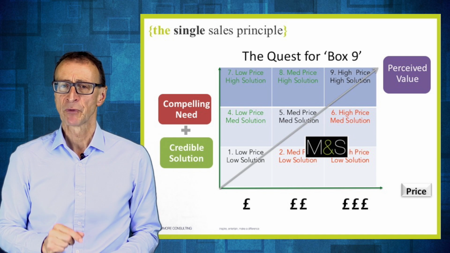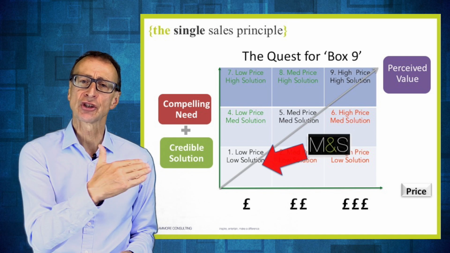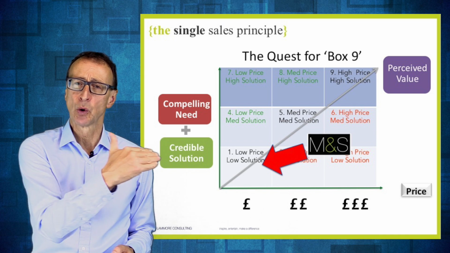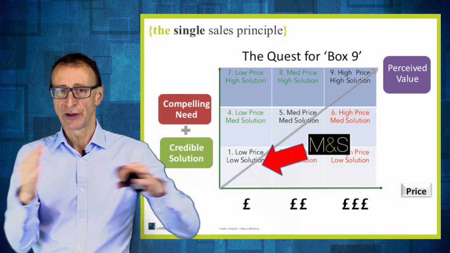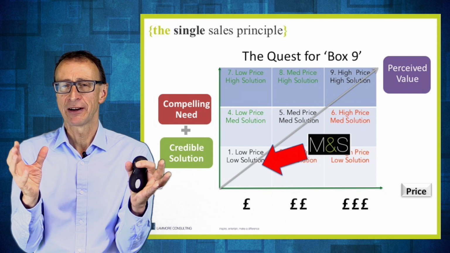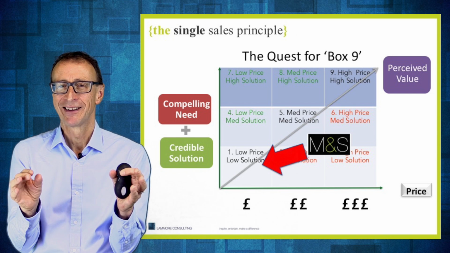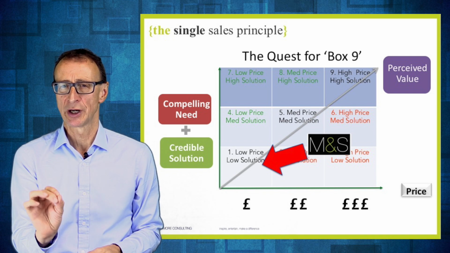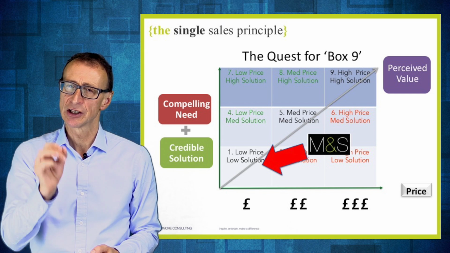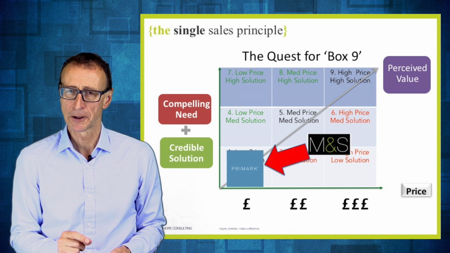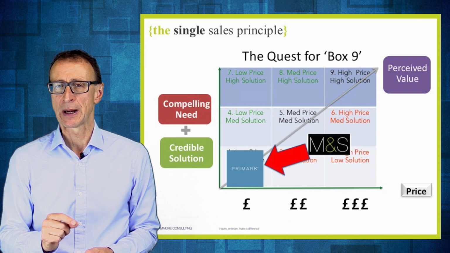One is that you can start to go down towards the left side, if you like, of that grid. You can go west, i.e. drop your prices. Now, if Marks and Spencer's get into a price war with Primark, how do you think that is going to end?